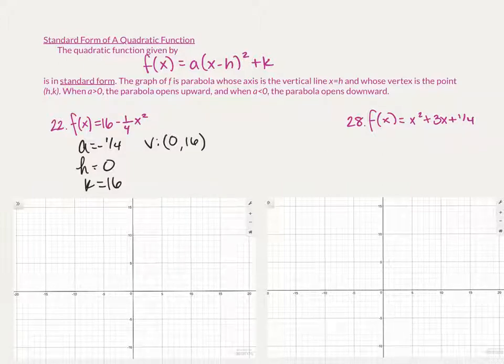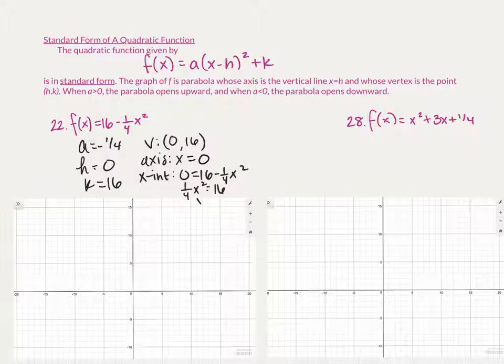So my axis is the vertical line x equals the x coordinate of my vertex, so it's just x equals 0, and then x-intercepts, I will set the function equal to 0, and I will solve. So 1/4 x squared equals 16, x squared equals 64, x is equal to plus or minus 8. So those are going to be (8, 0) and (-8, 0).